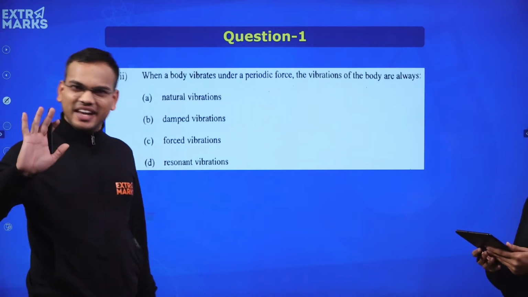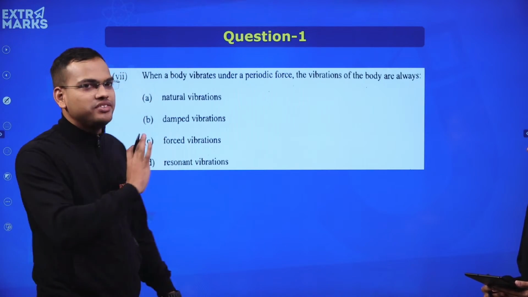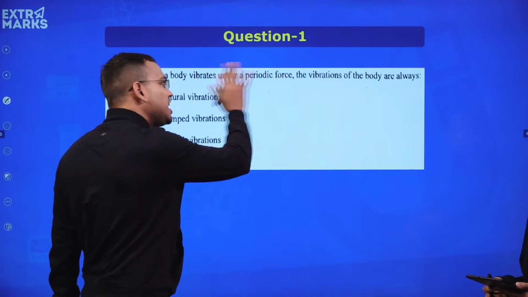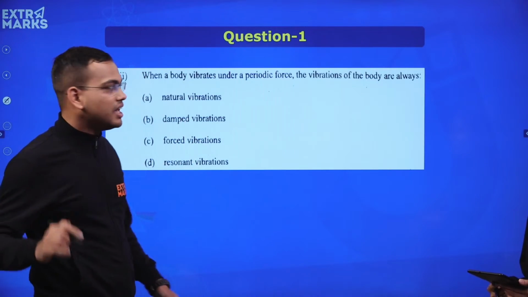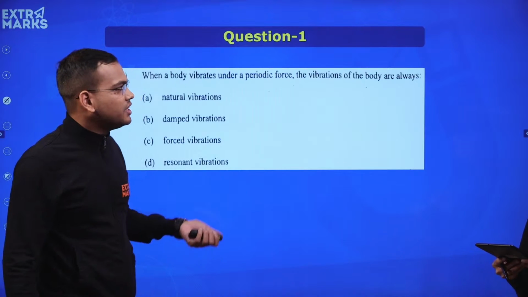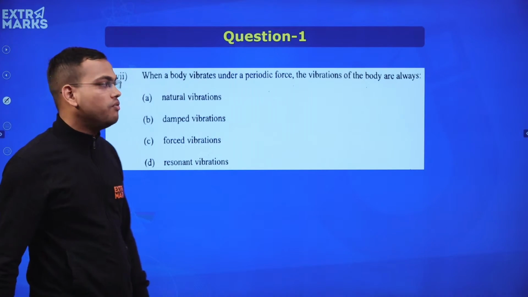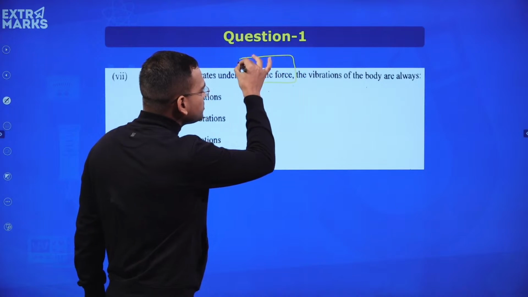Now this question is very interesting. Even if you don't know anything about this question, the answer is hidden in the statement itself. You do not need any knowledge for this question. When a body vibrates under a periodic force, the vibrations of the body are always. Now, the word is periodic force.